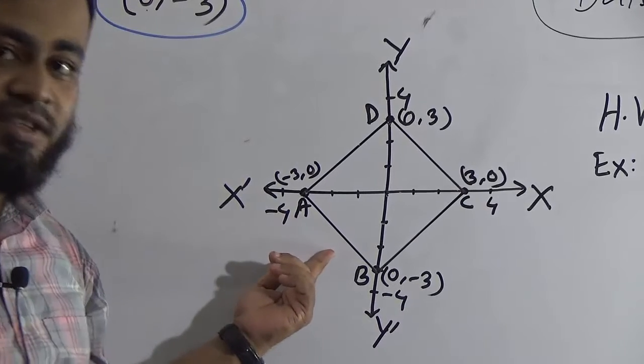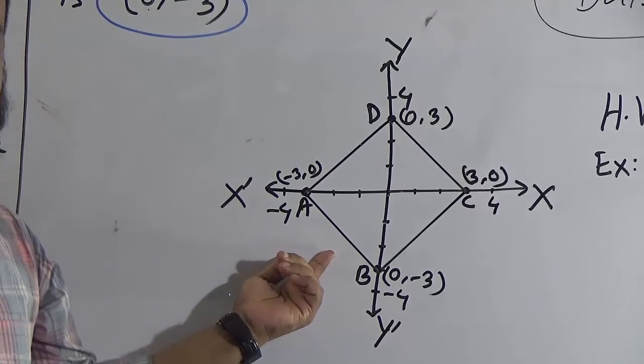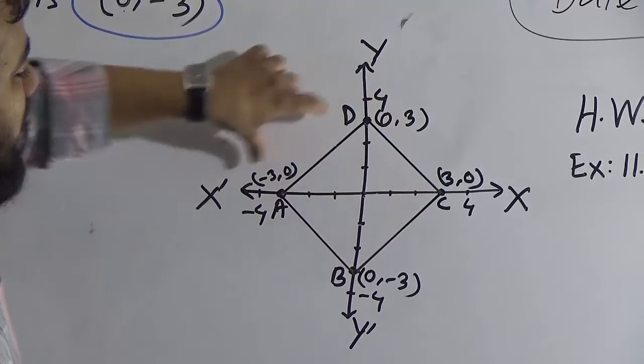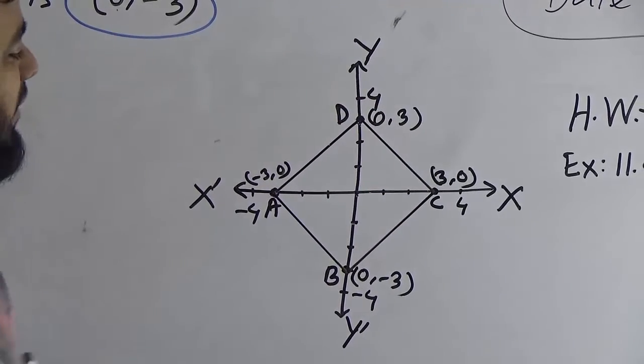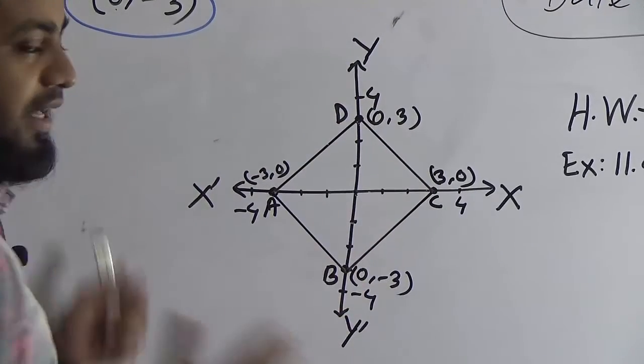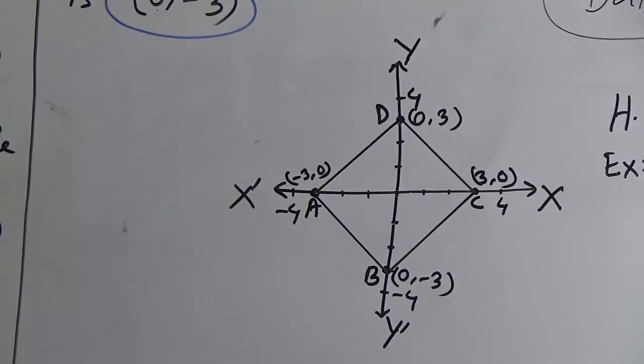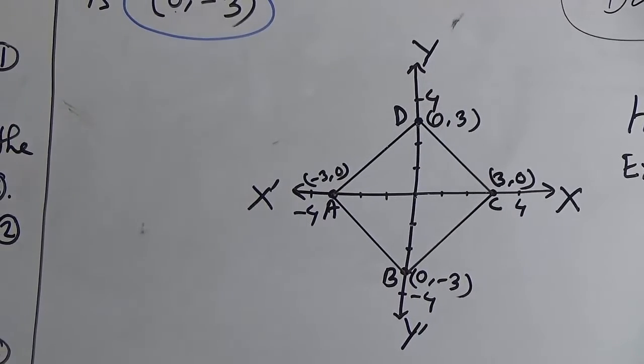Is it a rhombus? Is it a square? Is it a rectangle? Or is it a parallelogram? To find out, we need to find the length of all the sides, and we need to find the diagonals also. Then we can say what it is. So I am erasing this to solve the second part of this question.